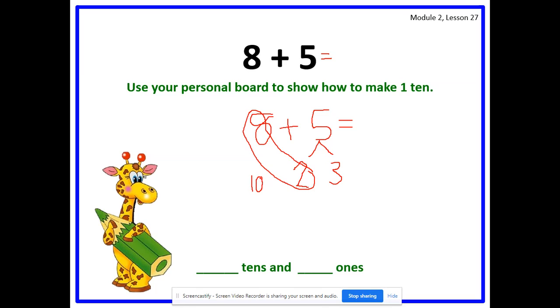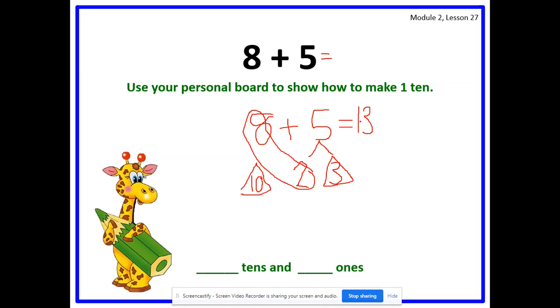And then we put a triangle, remember, on our leftover parts. So we put a triangle on 10 and 3. And what do we do with those triangles? We add them. We bring them together. So what's 10 plus 3? Get ready. Yes, 13.